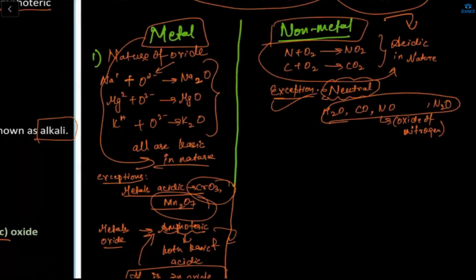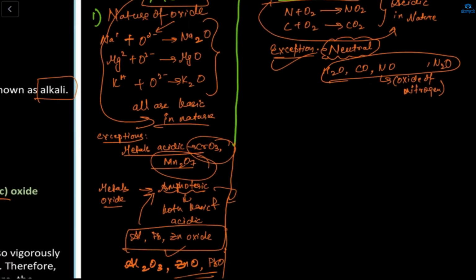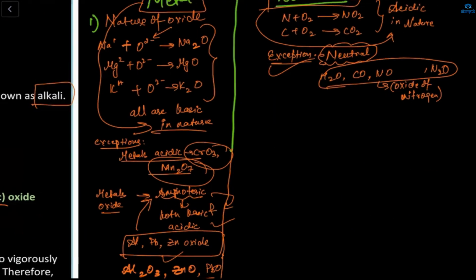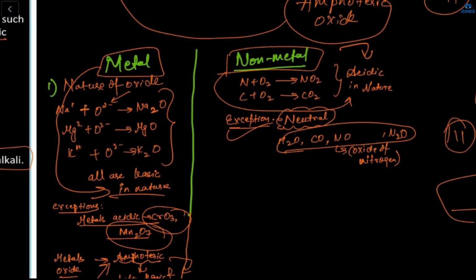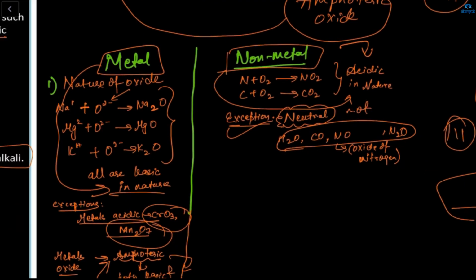Third point is that the nature of metal oxide is always basic, but some are exceptions, and also amphoteric, which is both basic and acidic. Non-metals are always acidic in nature, and the exceptions are neutral, meaning neither basic nor acidic.